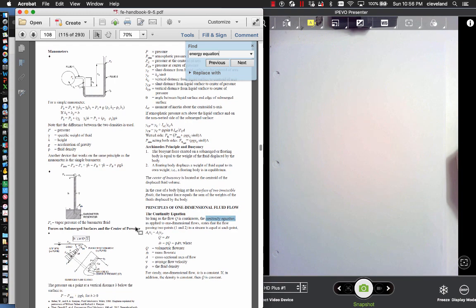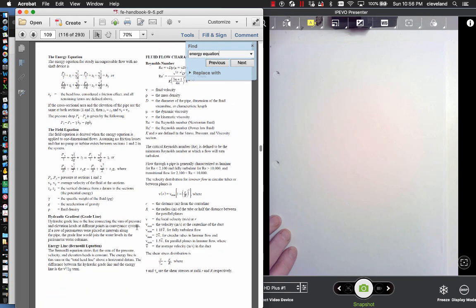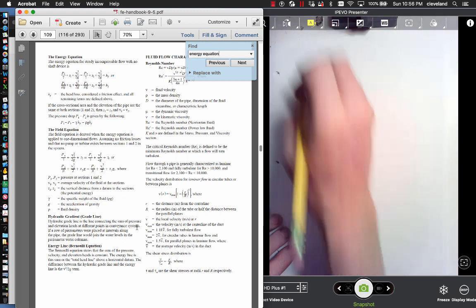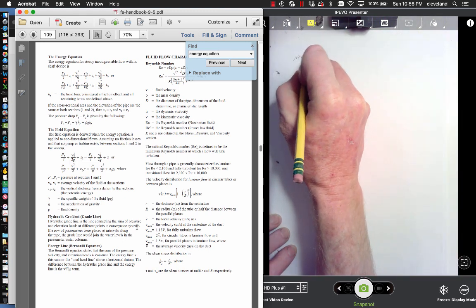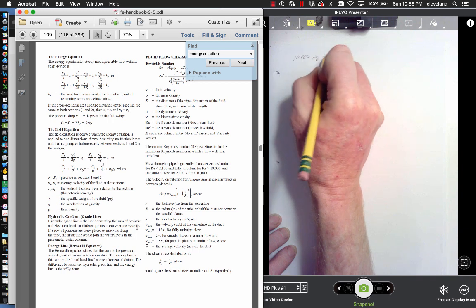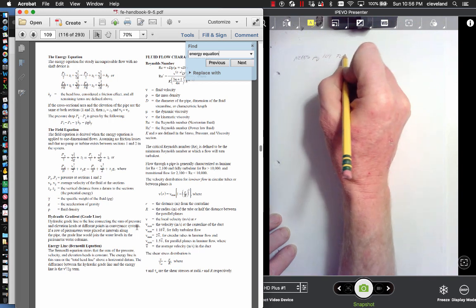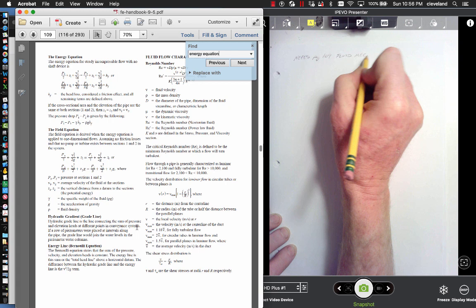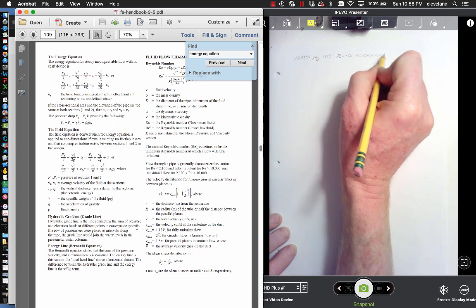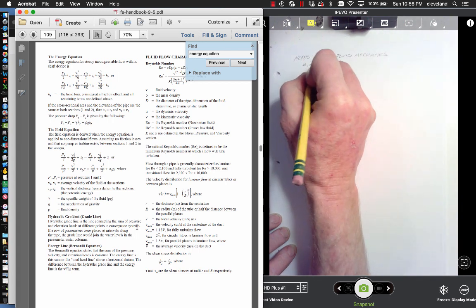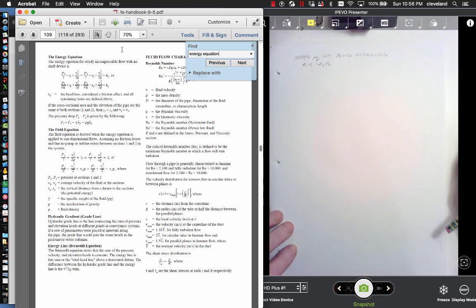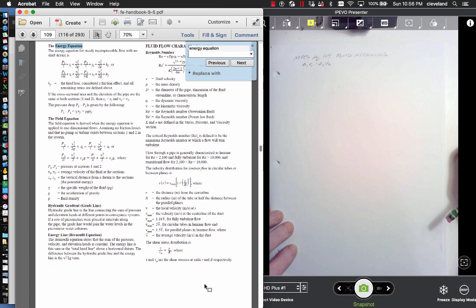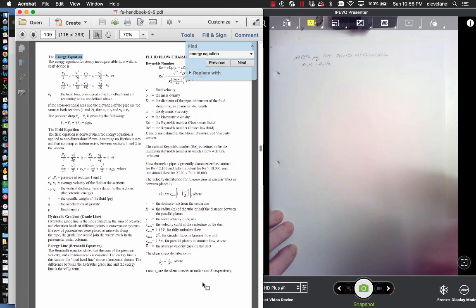The continuity equation is on page 109, Fluid Mechanics. That equation is A1V1 equals A2V2, and we'll use it shortly. The energy equation is on page 110.